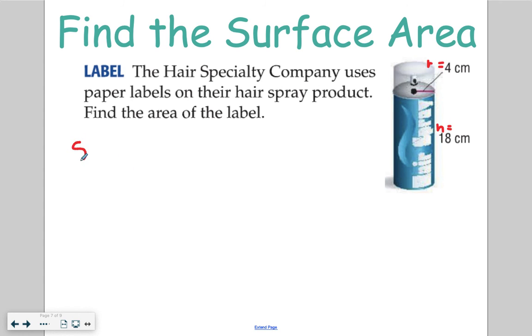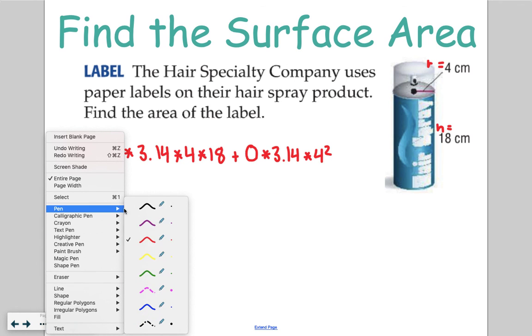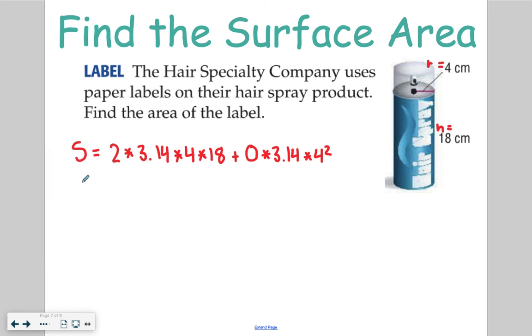So I'm going to start with my surface area is equal to 2 times 3.14 times my radius of 4 times my height of 18. And then because I don't need the top or the bottom in this case, I'm going to put a 0 in there instead of the 2 times 3.14 times my radius squared, so times 4 squared. Then I'm going to go ahead and solve the part in front of the addition.